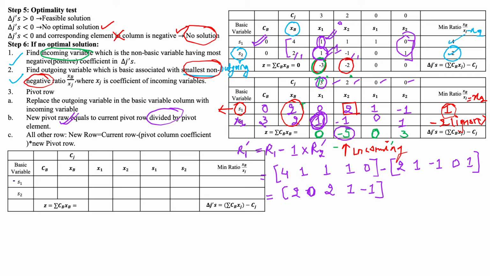So this incoming variable is x2. Here x1 was already there in this table. Okay, coefficient values are 3, 2, 0, 0 from my objective function. So x1 coefficient value is 3. x2 coefficient value is 2.